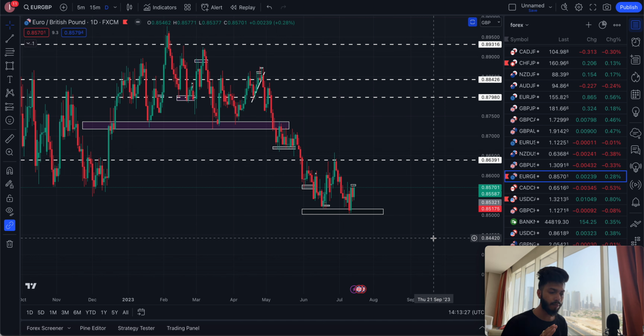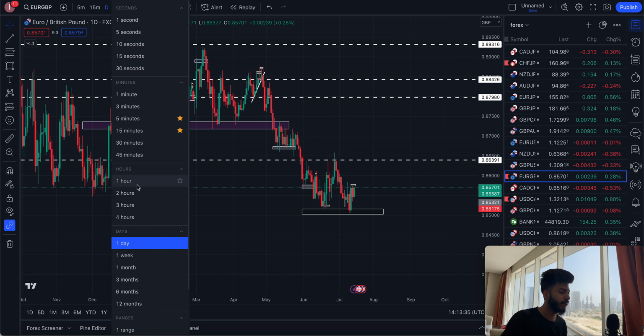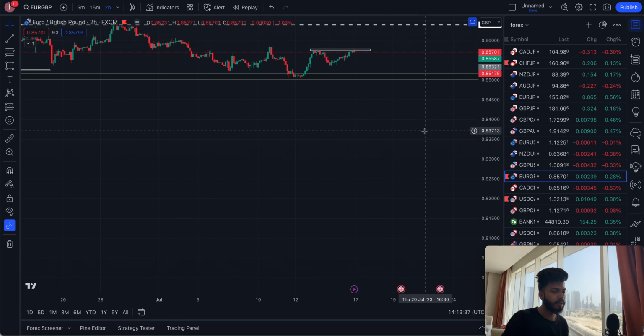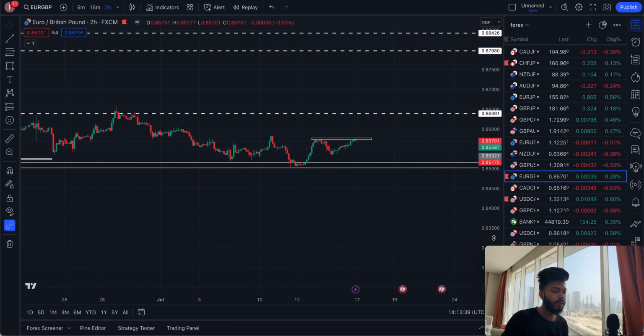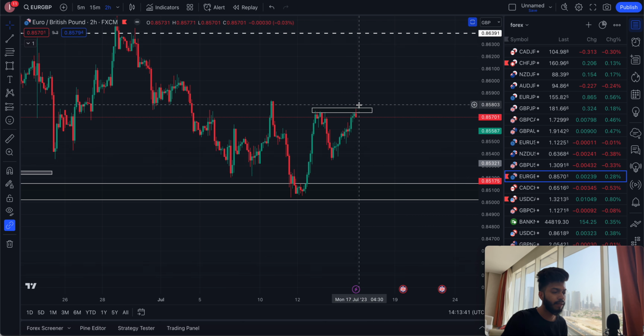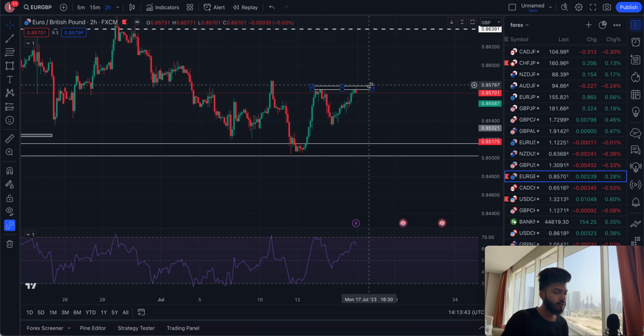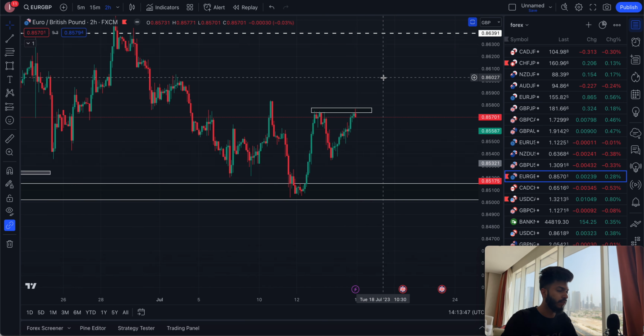We will wait for the market to open, so our direction will be decided by the market. Let's say the market opens and on the 2 hourly time frame this first high breaks. If you look at RSI, there are chances that it is going to break.